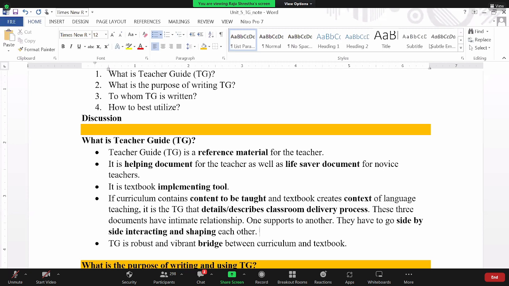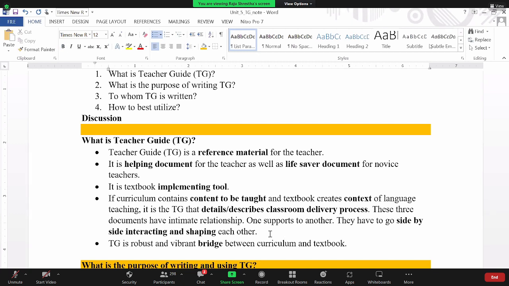How do we implement the concept of the curriculum and textbook in regular day-to-day classroom teaching? So TG explains, TG describes every detail of classroom delivery. So these three documents have to go side by side, interacting and shaping each other. So this is what we can call TG. TG is a robust and vibrant bridge between curriculum and textbook.